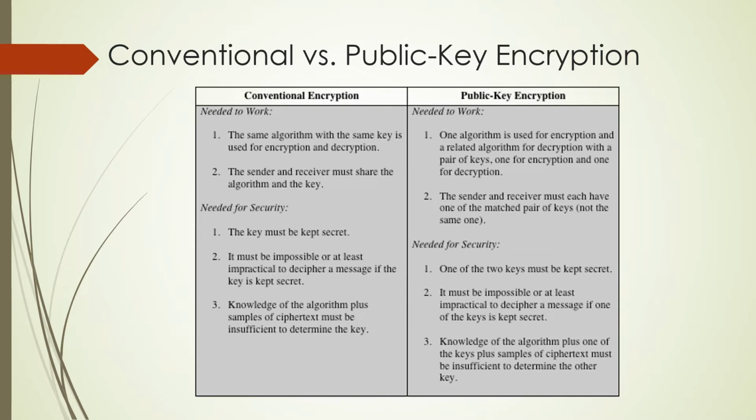In order for symmetric or conventional encryption to be secure, we need to keep the key that is shared between the sender and receiver secret. Also, it must be impossible, or at least impractical, to decipher or decrypt a message if the key is kept secret.